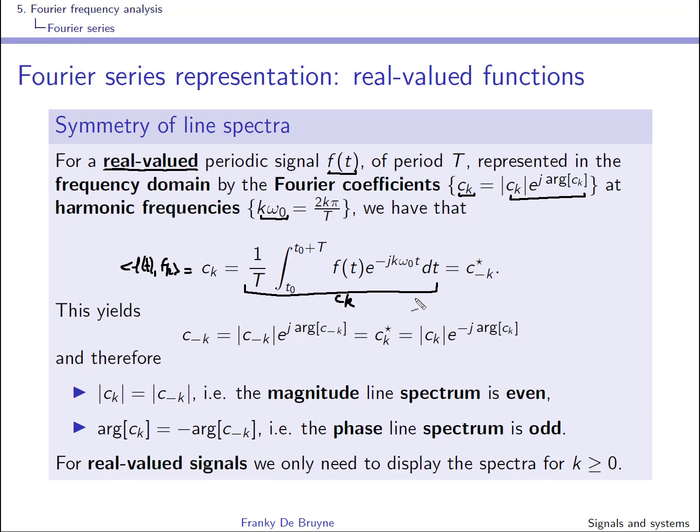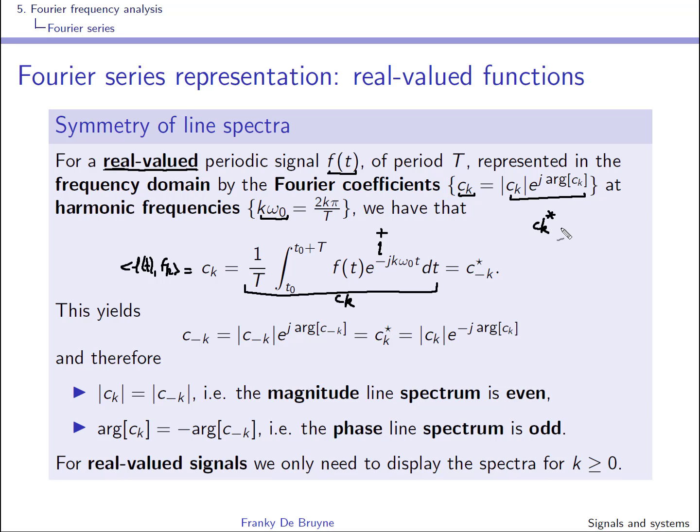So let us now look at c of k, and let us assume that we take the complex conjugate of ck, and remember that the function f(t) is real valued. So in this equation over here we see that f(t) is real valued, so if we take the complex conjugate, the only thing that is going to change is that this one will become a plus over here.